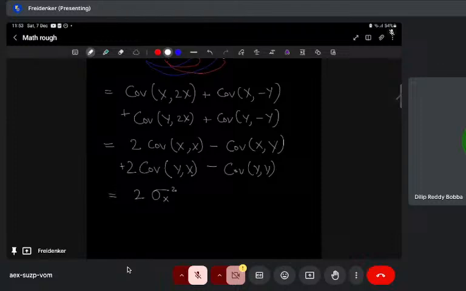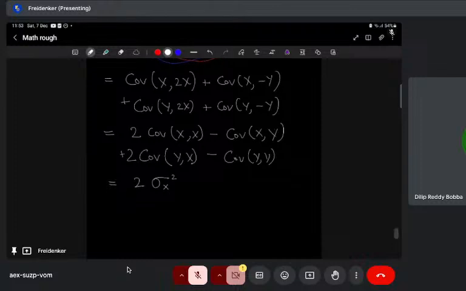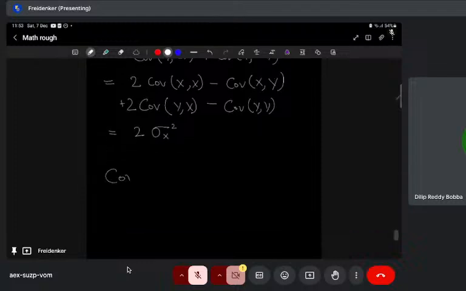How do I know? You can check the properties, or else you can see for yourself. It's just a property. Covariance of x comma x is nothing but this one. See, what is covariance of x comma y? Covariance of x comma y is nothing but expectation of xy minus expectation of x into expectation of y.